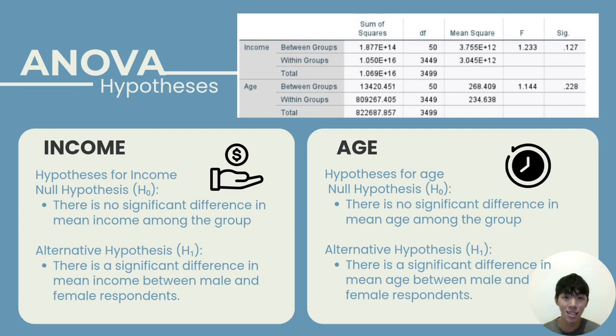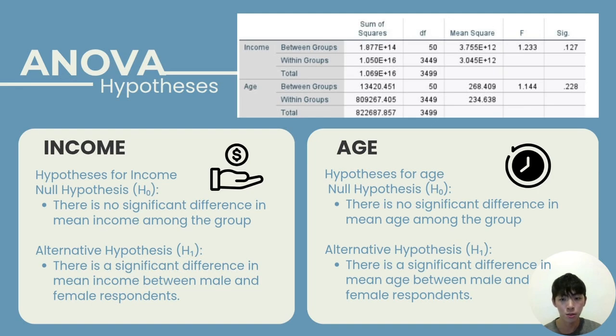In this study, a one-way ANOVA was conducted to examine whether there are any significant differences in income and age across different group categories.